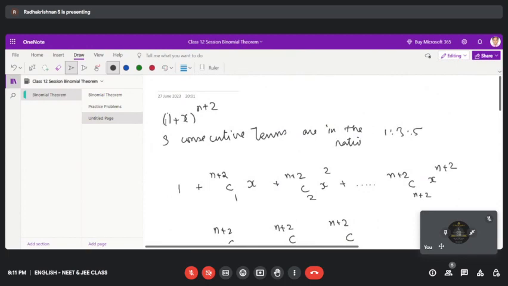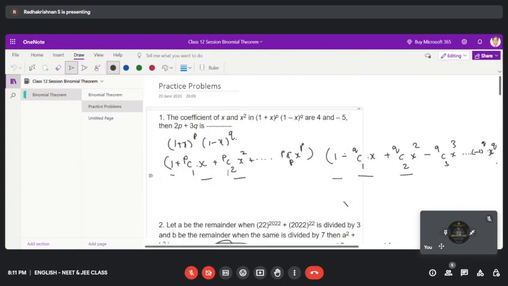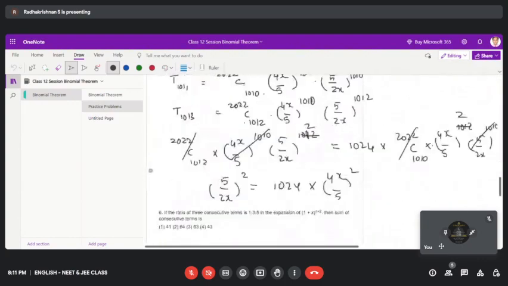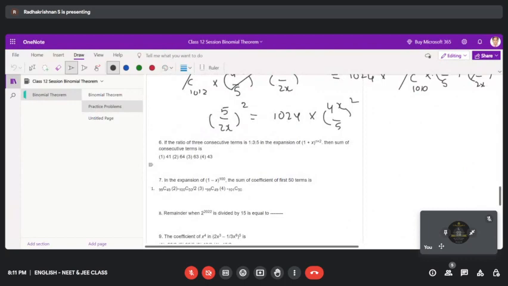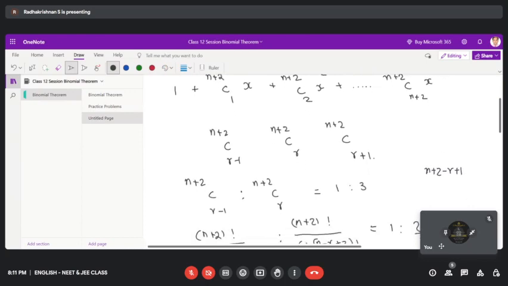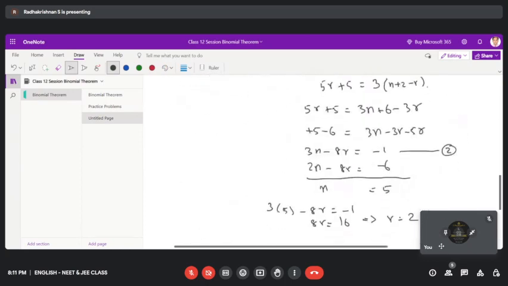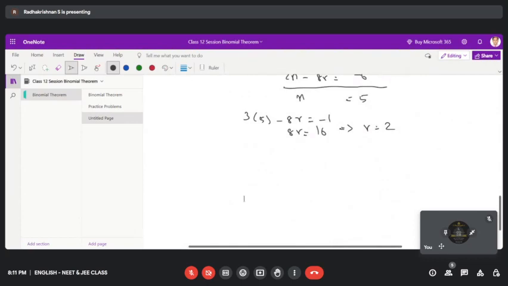So what is the question? Sum of the consecutive terms. What are the terms we have taken? You can simply take n plus 2 C r minus 1, n plus 2 C r, n plus 2 C r plus 1. Now n plus 2 is 7.